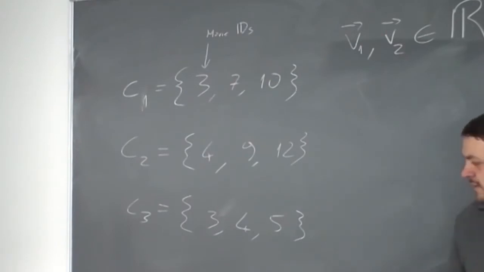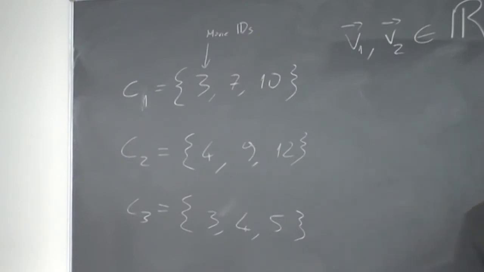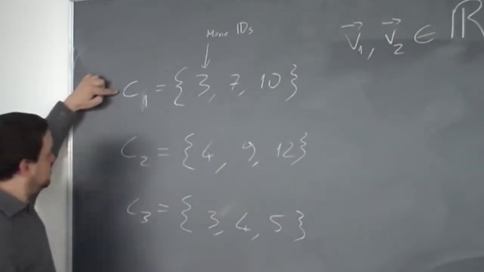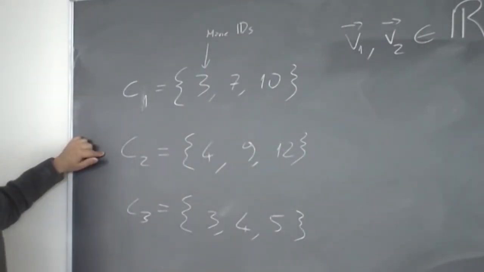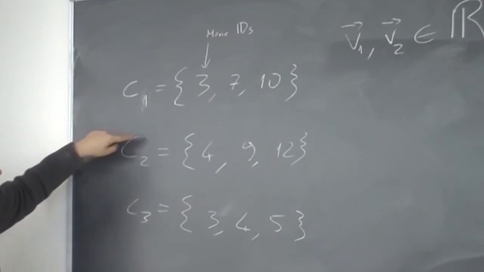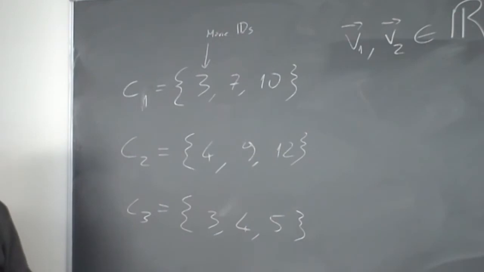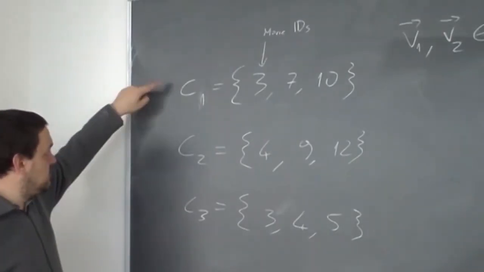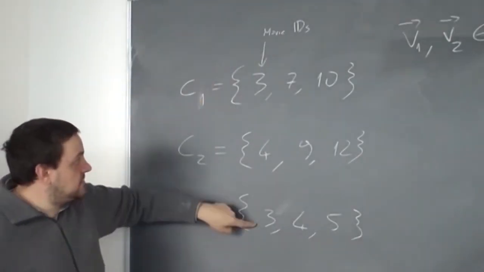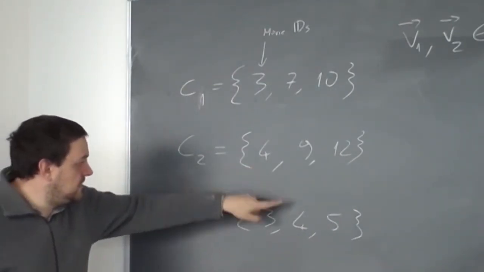And by this, you would like to build an external representation of customers, a relationship between customers. How can you do that? Well, for example, look at customers 1 and 2. What can you say about their similarity? Actually, you see, they didn't buy any common item. So probably their tastes are different. While customers 1 and 3 have some common items, and customers 2 and 3 have some common item.